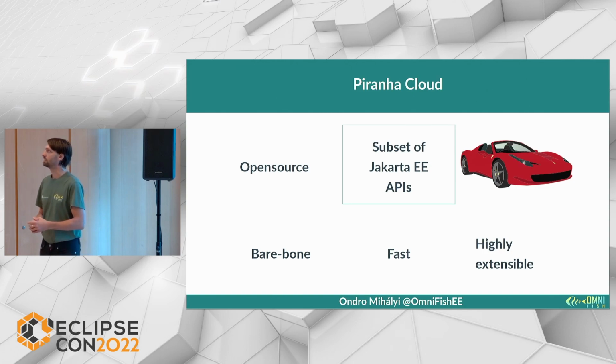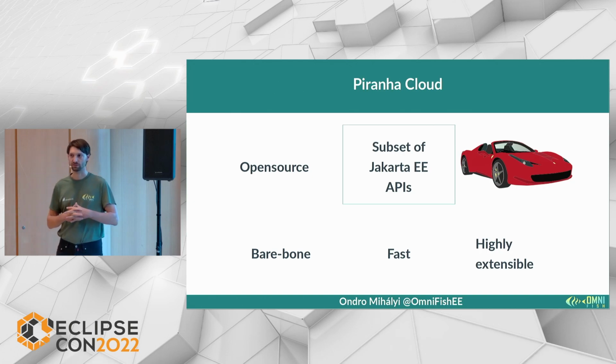And what is actually interesting about Piranha Cloud is that it's no longer an application server by itself. So it's not designed to be reliable and secure and manageable for the whole lifetime of the application. It's designed more for speed and getting you up and running quickly for easy development.